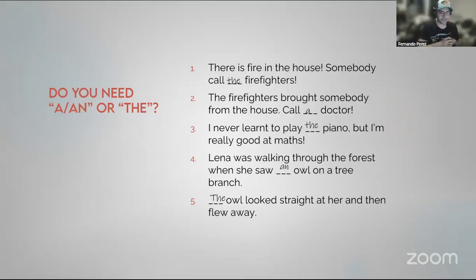Excellent. Girls, you understand the difference between a, an, and the? Any questions? I don't think so. No, teacher.